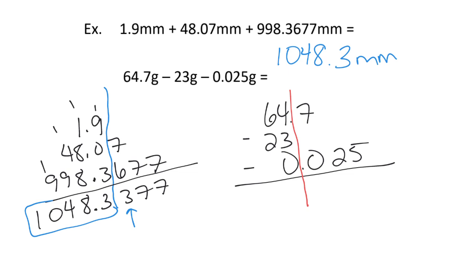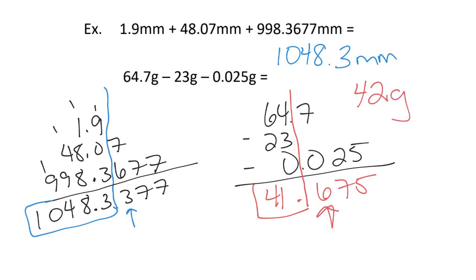So when we do the subtraction on this one, we get 41.675. And I'm not going to worry about doing this by hand. You just do it on the calculator, and this is what you get. So this is the number, but then here it tells us we have to round. So our answer is 42 grams. Hopefully that makes sense on that one.